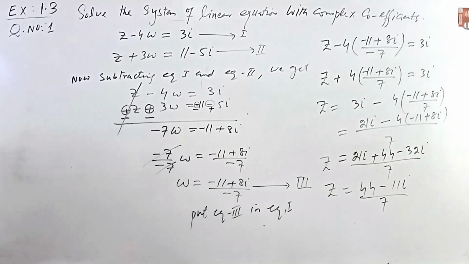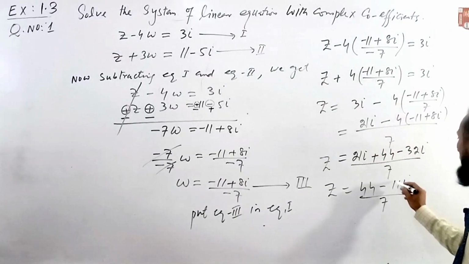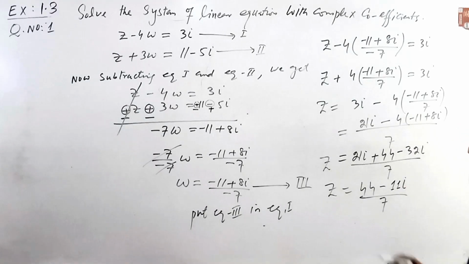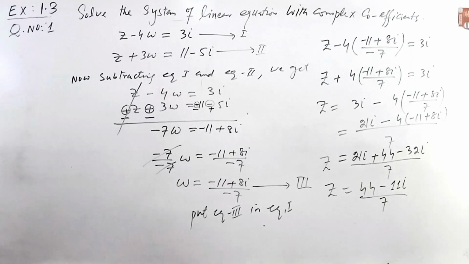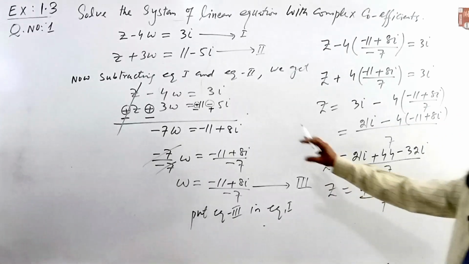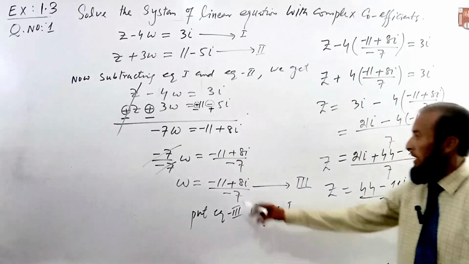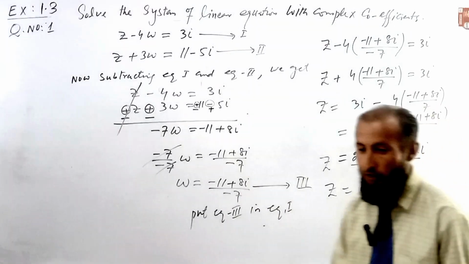So this is the value of the unknown variables z and w we get here. Z is equal to 44 minus 11 iota. So for the solution of the linear system, there are two variables, and we get two results. W is equal to minus 11 plus 8 iota divided by minus 7 and Z is equal to 44 minus 11 iota divided by 7.